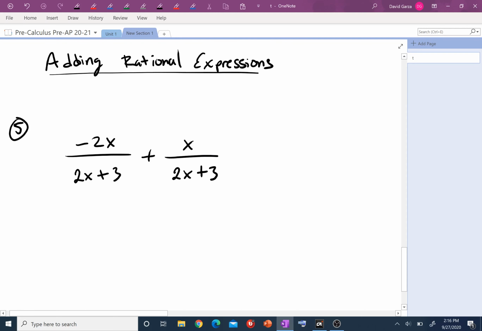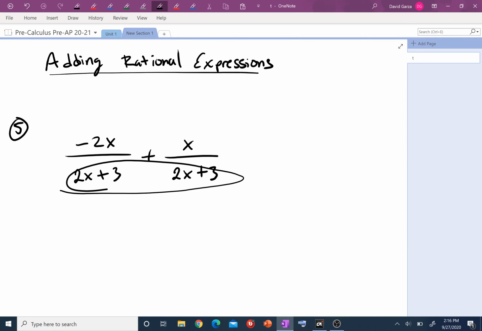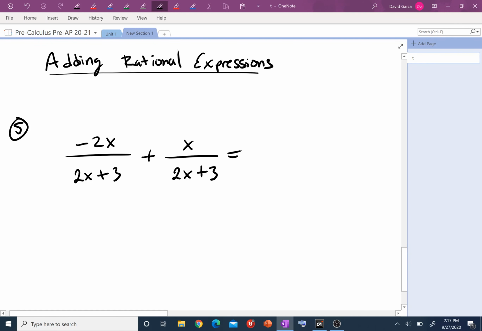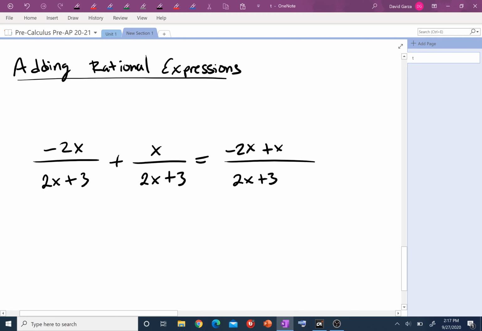What we have to do is try to find a common denominator, which sometimes is a little bit tricky, but in this case it's not tricky at all because we have the same denominator. So we can rewrite this as negative 2x plus x, and then 2x plus 3 at the bottom.